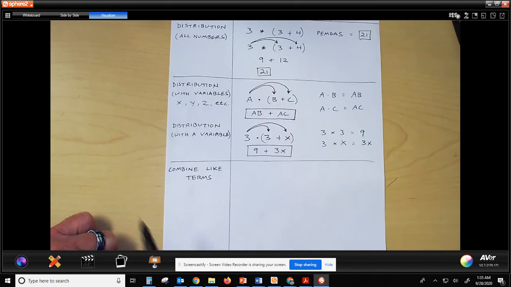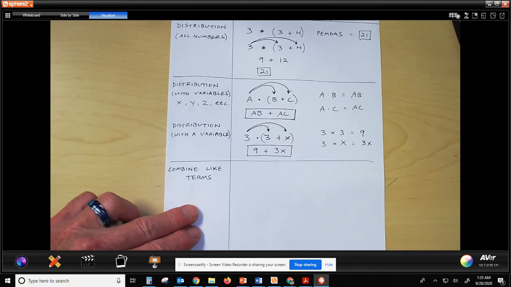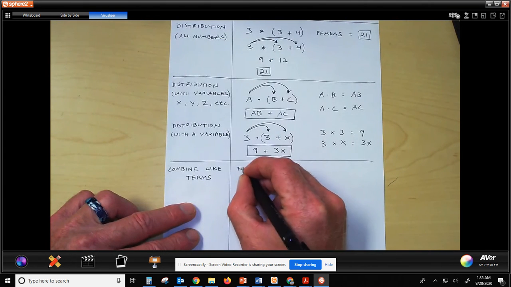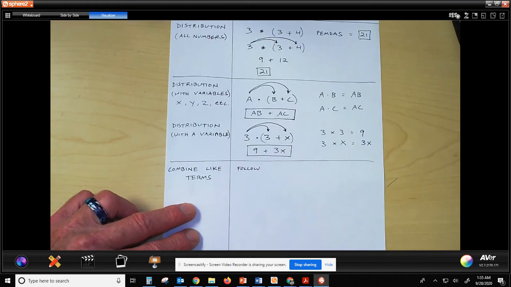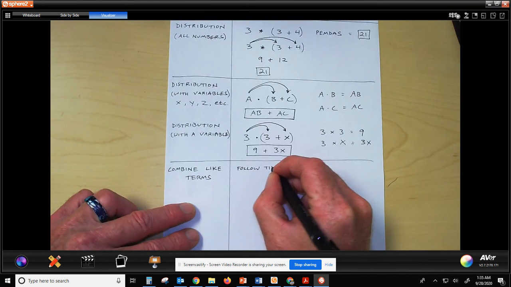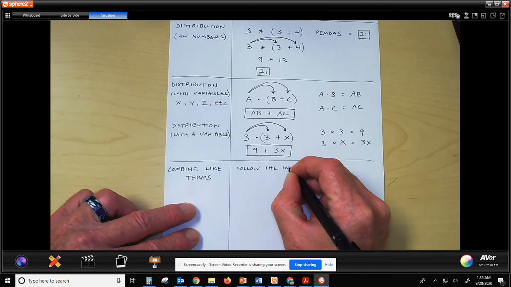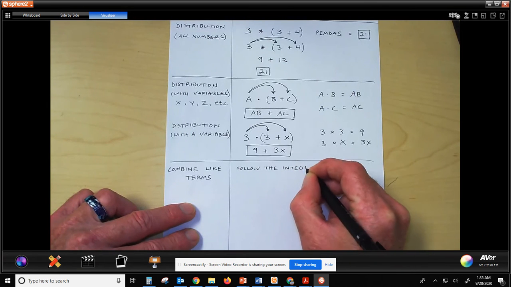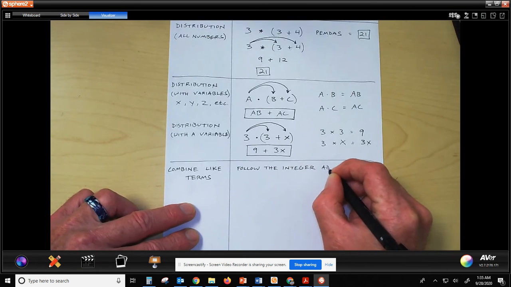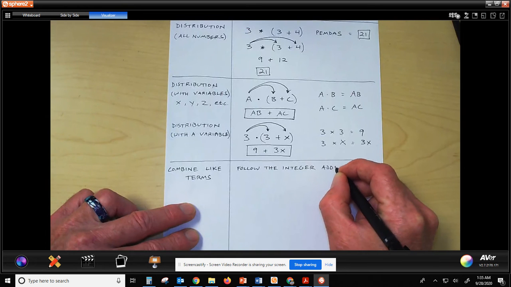It is in this assignment also. If we're going to combine like terms, we need to follow the integer addition and subtraction rules.